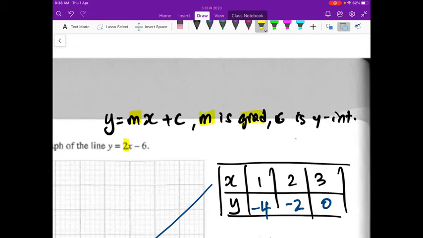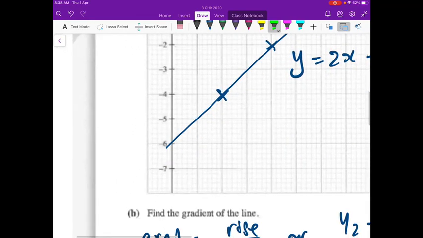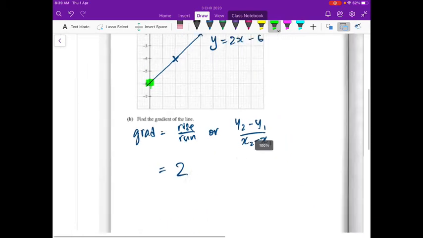That is our gradient. No need calculation. It is here already. Then our plus c is our minus 6. So the gradient is just 2. Don't need to calculate. And the y-intercept is negative 6. Let's double check. Yeah, see? The y-intercept is minus 6. So gradient is just 2.